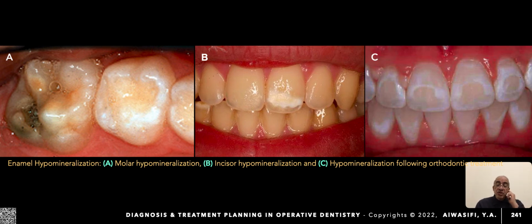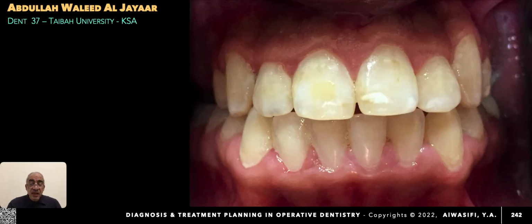But as you note in case C, and in the case we discussed, if it is related to orthodontic treatment, you could find these hypomineralized enamel and white spot lesions affecting at least the anterior segment, as in this case and this case.